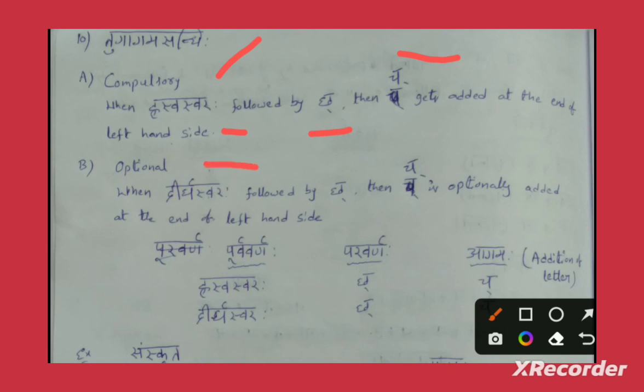When a Dirgha Swara, a long vowel, is followed by Chakara, then Agama will happen at the left hand side. This Chakara will get optionally added at the left hand side. You can add it or you might not add it. If you want to add, you can. It is an optional case. That's it. These are the two cases of Tugagama Sandhi.